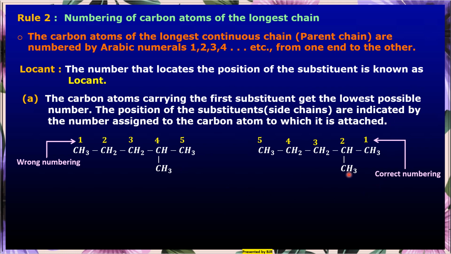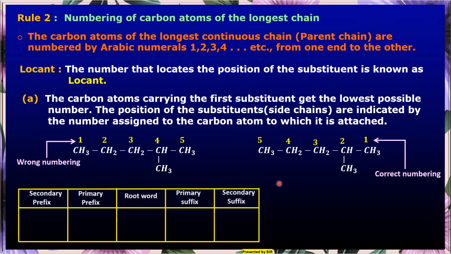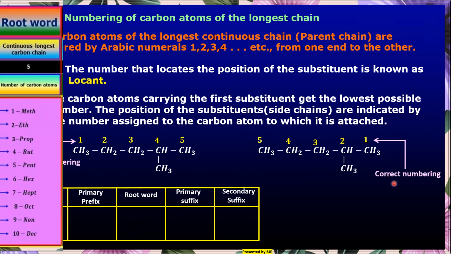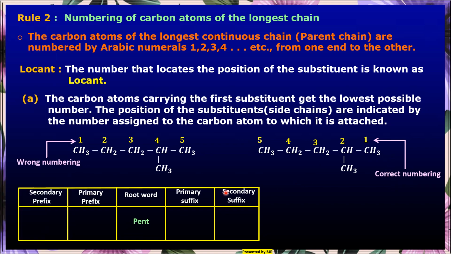And here this is the correct numbering of this alkane, because to the second carbon atom a methyl group is attached, and this carbon atom has been given the lowest possible number if the carbon chain is numbered from right to left. Okay, so what is the root word for this? In this carbon chain there are 5 carbon atoms, so the root word is pent.